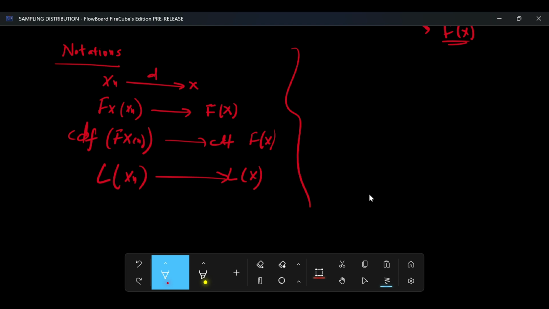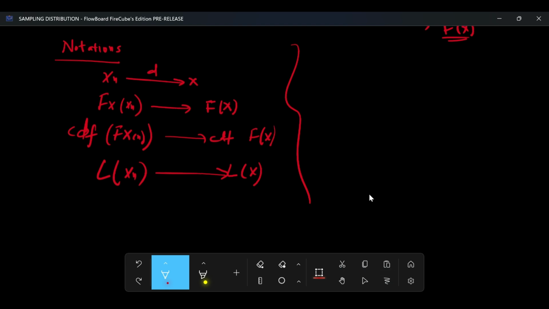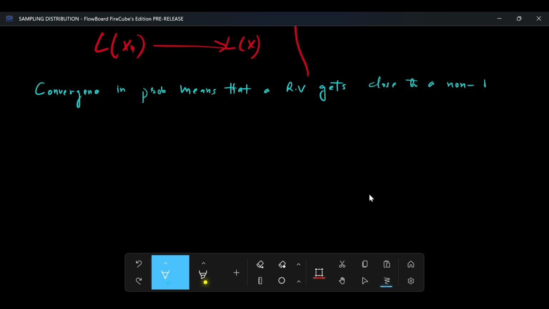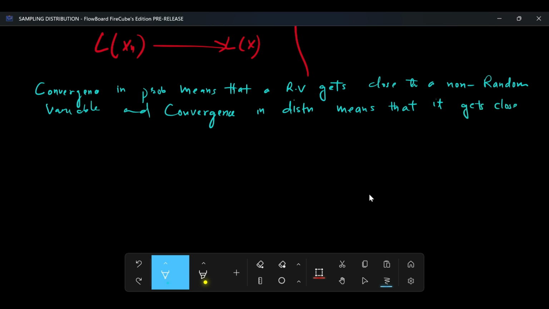But in convergence in distribution, this Xn sequence will converge to some random variable X, or CDF of some random variable X. Now, convergence in probability means that a random variable gets close to a non-random variable, and convergence in distribution means that it gets close to another random variable.